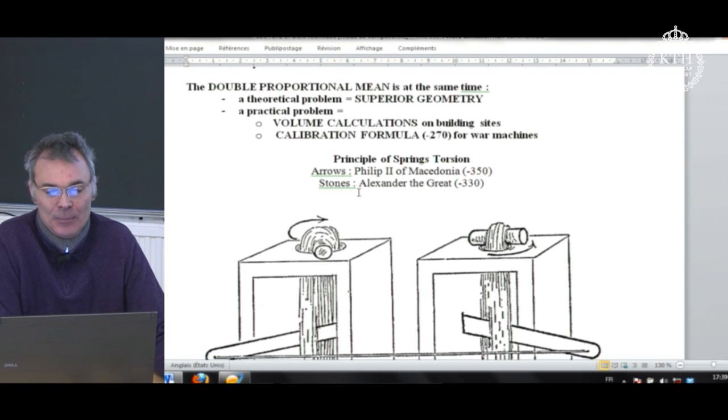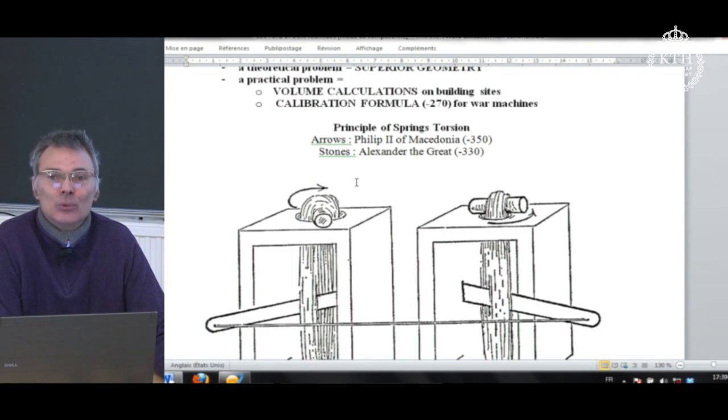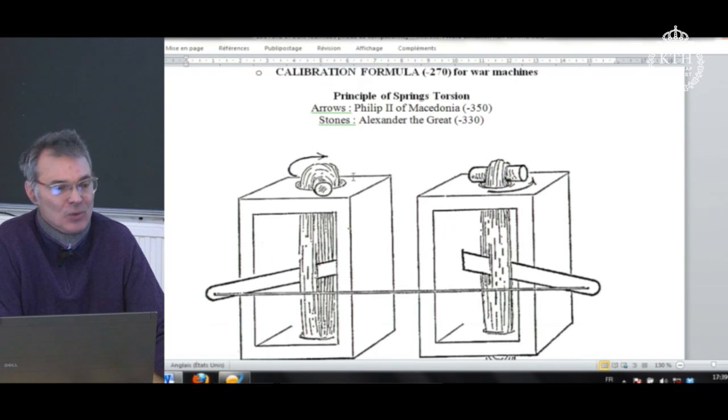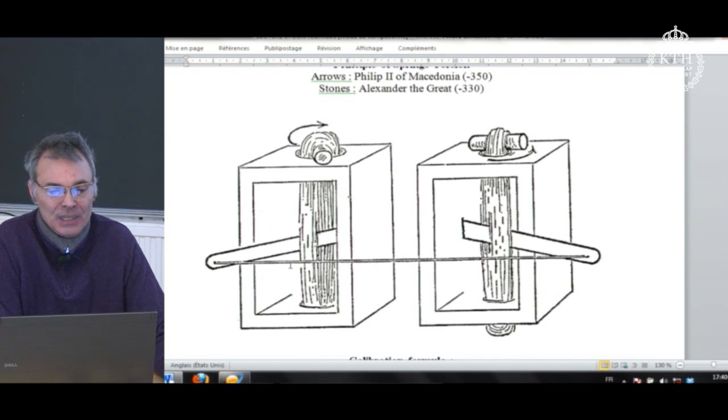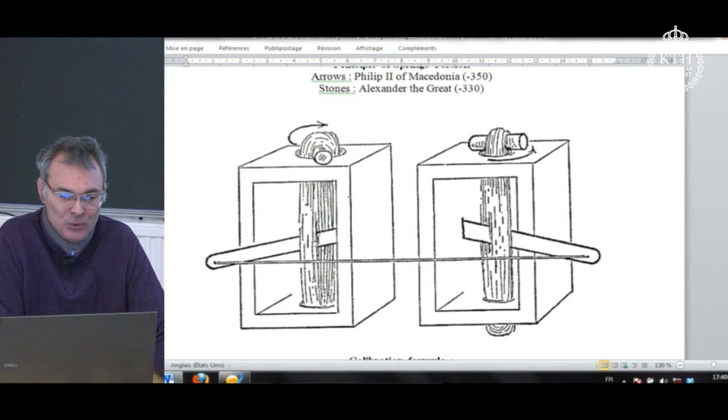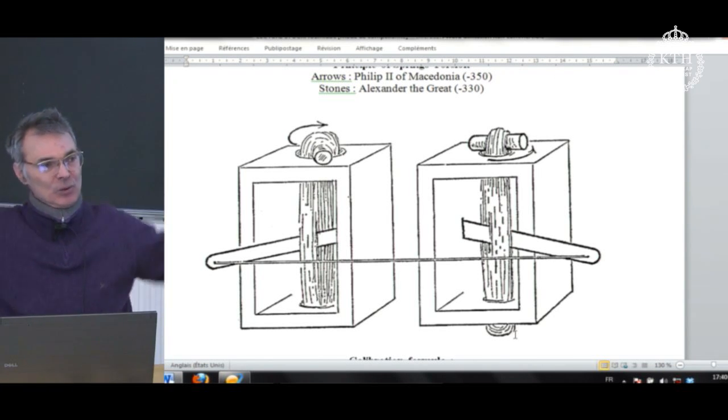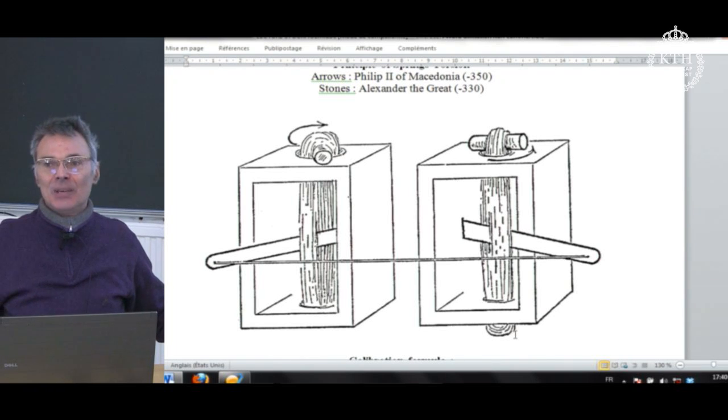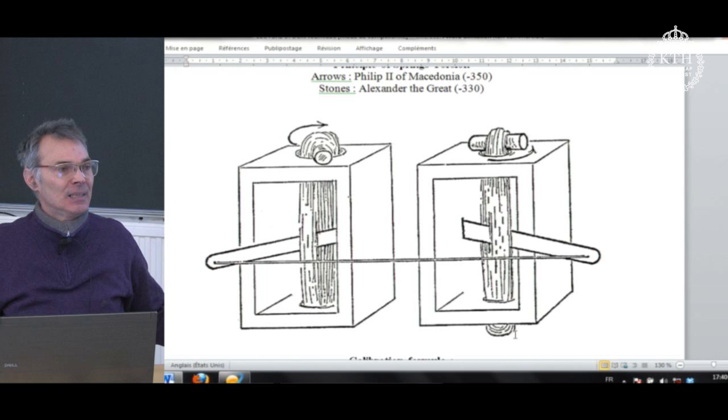And actually, if you read Book 10 of the De Architectura, you will find here the description of catapults or ballista, or generally war machines, where at that time you were using strings like this. So those are strings made out of animal tendons or women's hairs.